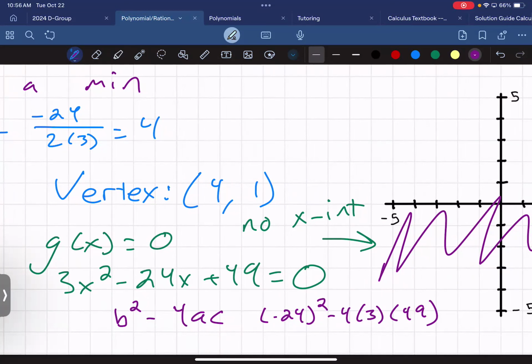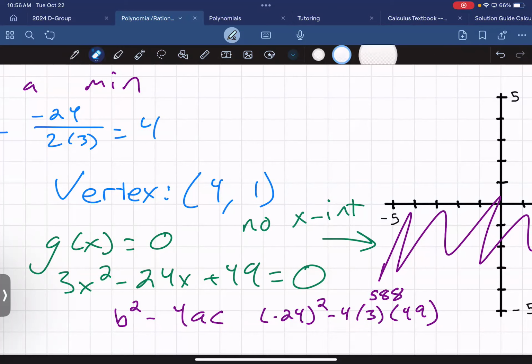Now, what type of number am I about to get from this? A negative, right? We should be expecting a negative number here. Is that clear to everyone? And lo and behold, we get negative 12.